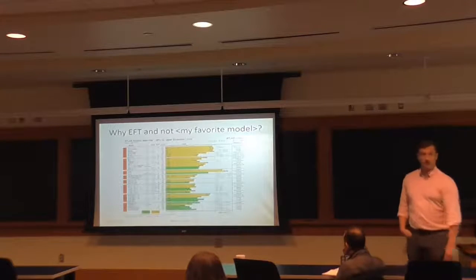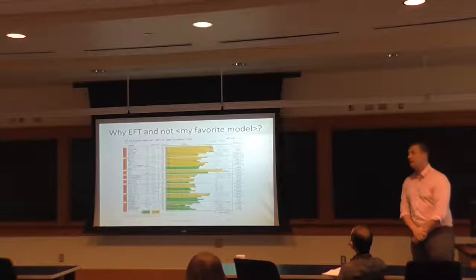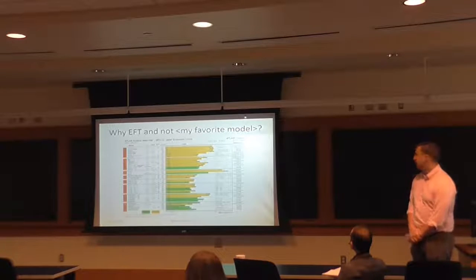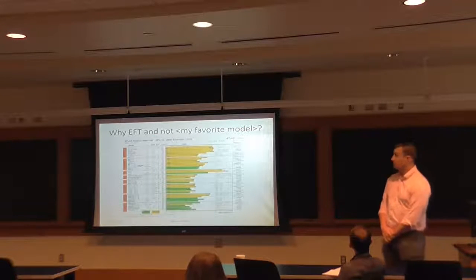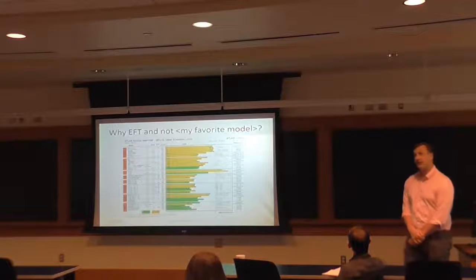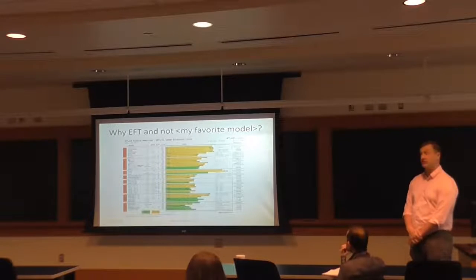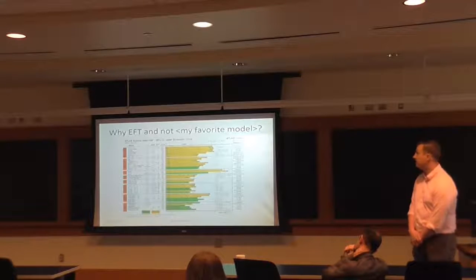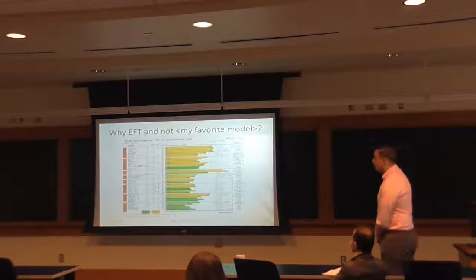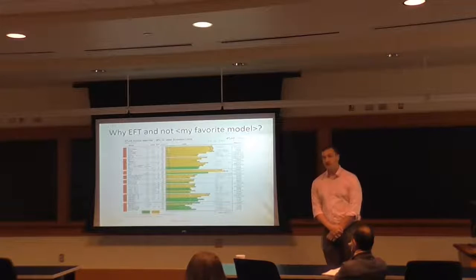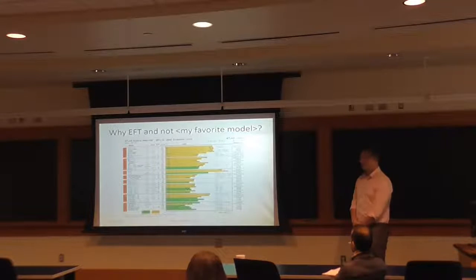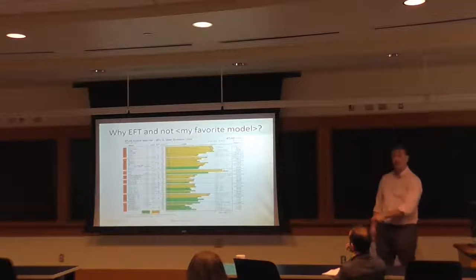So, a short slide for the people who think, but I already know which model I like. This is, by now, a completely ancient scare slide, but it's already scary enough, coming from ATLAS for all of the things that are not supersymmetry, which is classified as exotics. And the fact that you can't read it is the point. They have searched for so many different things, and they have put bounds on all of the different things.